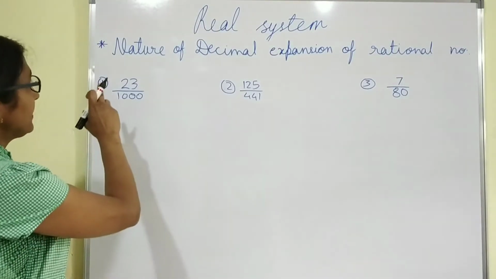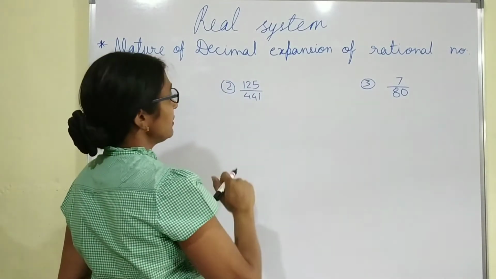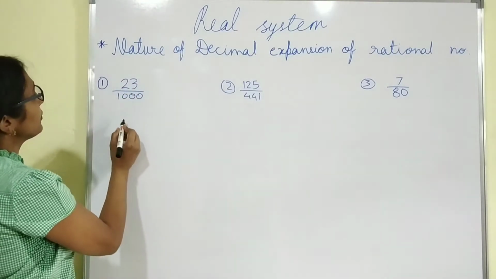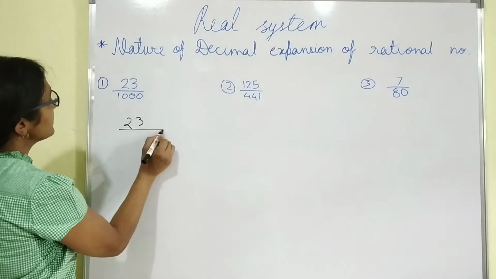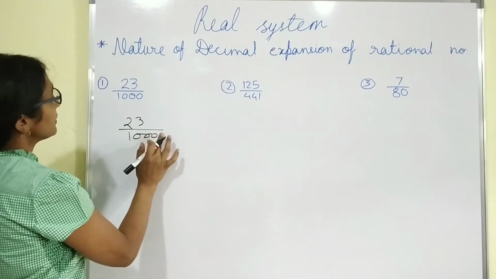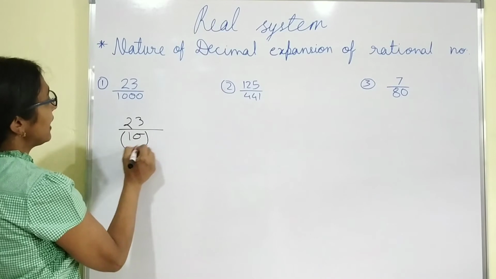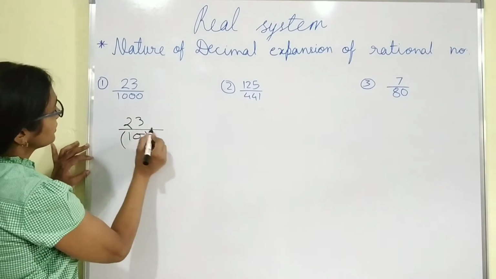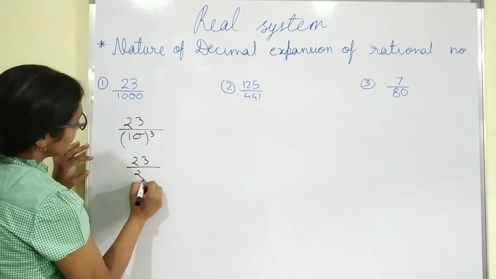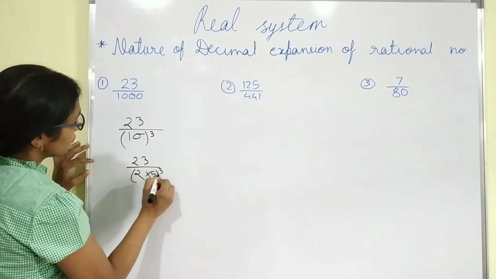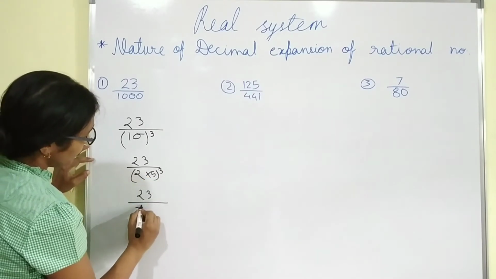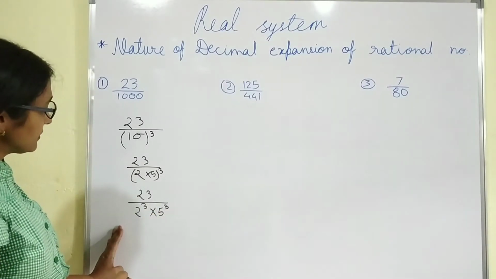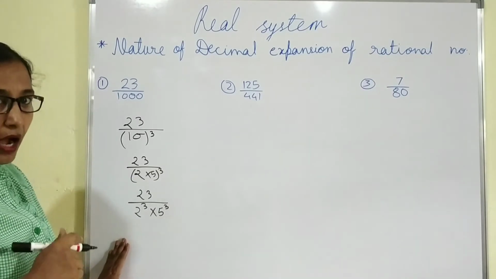Now I am going to explain nature of decimal expansion of rational numbers. Okay? So, 23 upon 1000. Actually, in earlier classes, 9th class, you studied about terminating and non-terminating decimals. Okay, so look here, 23 upon 2 power 3 into 5 power 3. So, this is a terminating decimal. How?